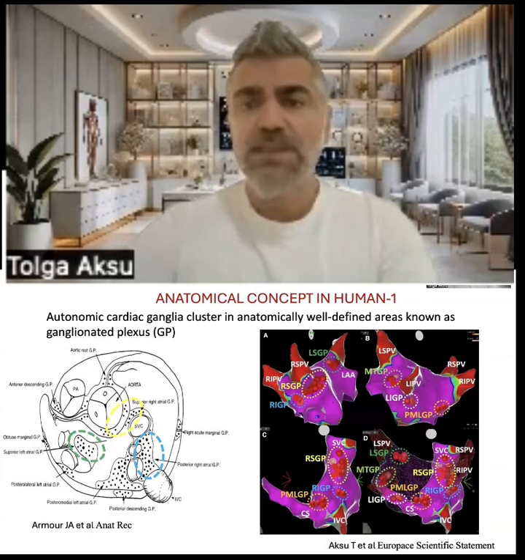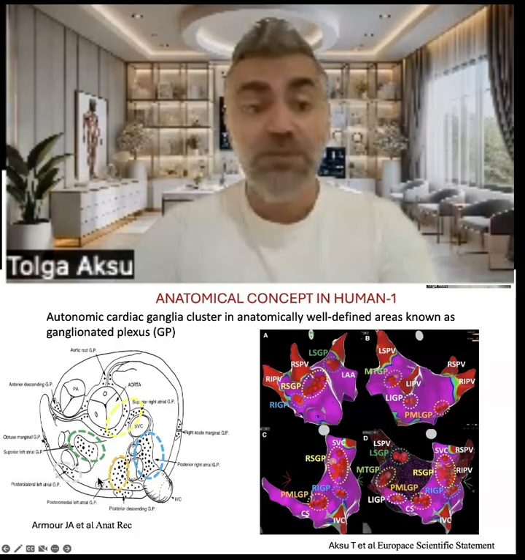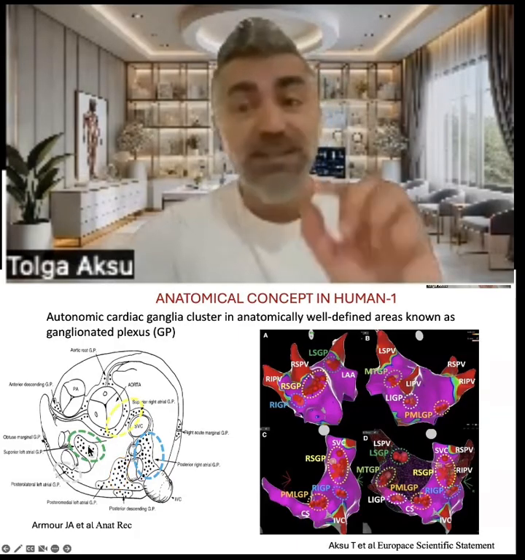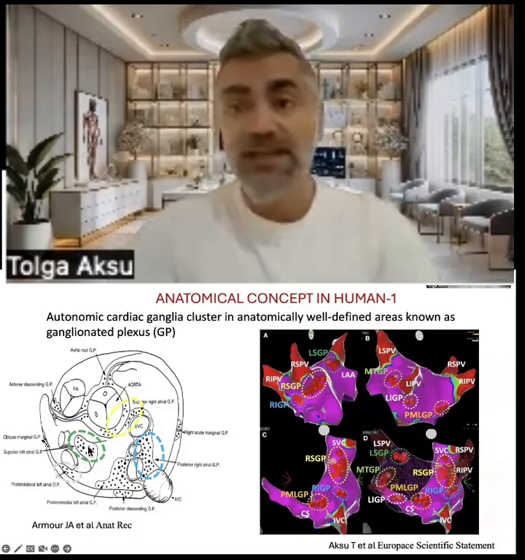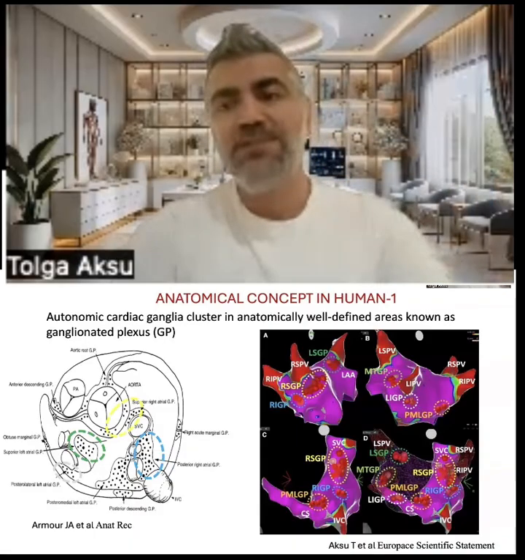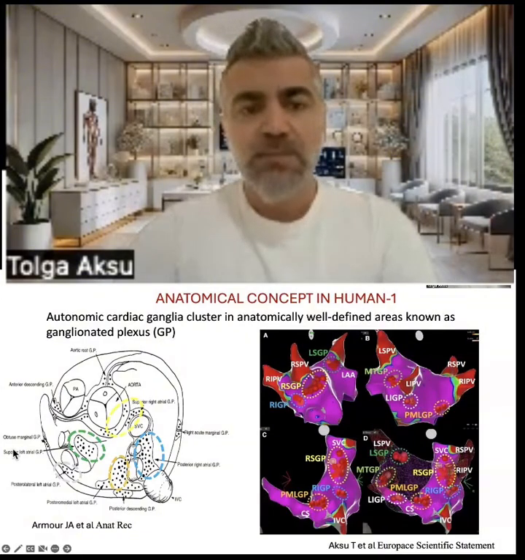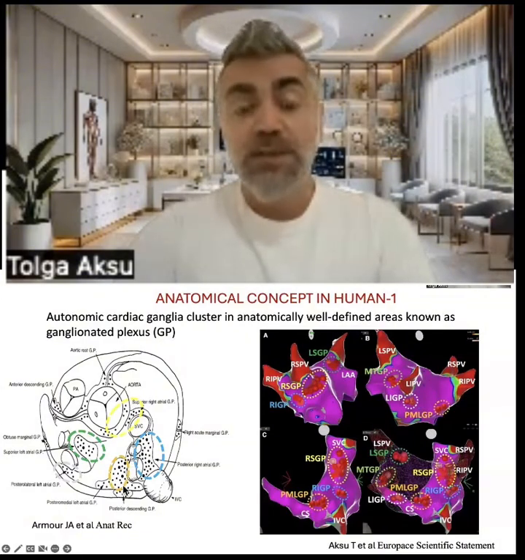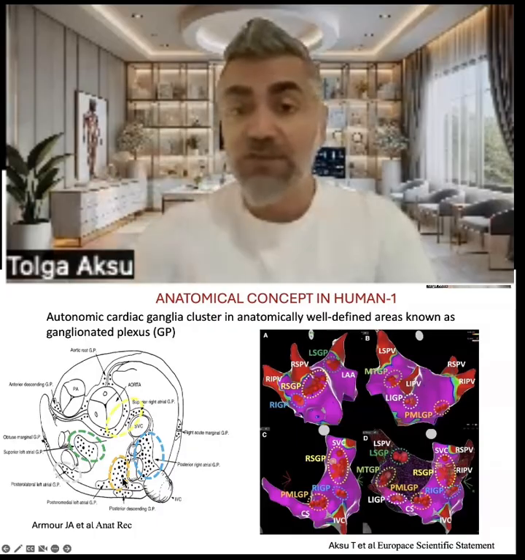The other GPs, like the superior left lateral GP, the posterior lateral left atrial GP or left inferior GP, are usually located at the tiniest GP sites and rarely provide vagal innervation to the sinoatrial node and AV conduction system. But the posterior medial left GP is located in the inferior vena cava left atrial fat pad area.